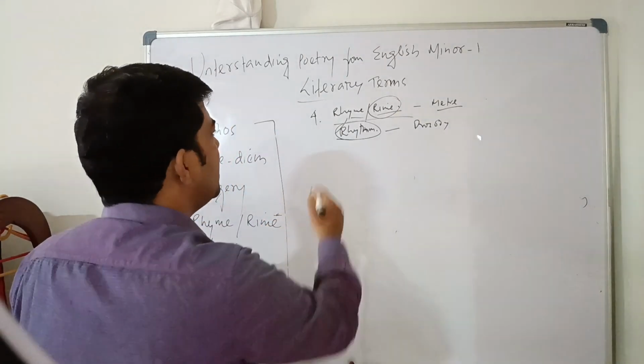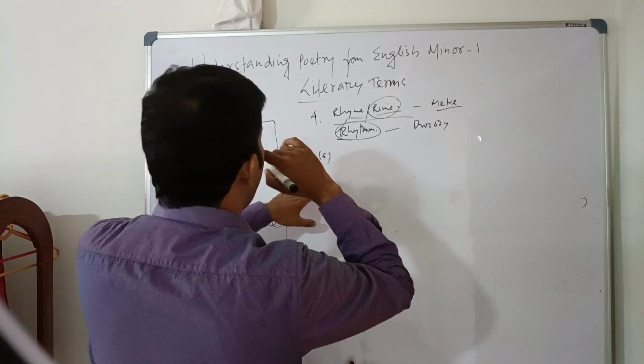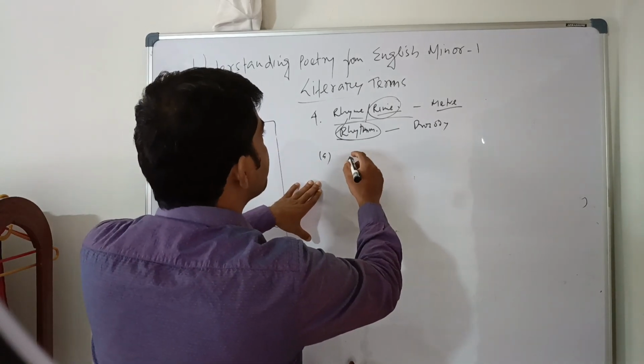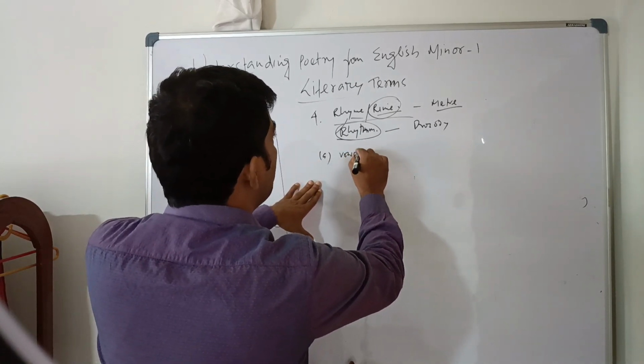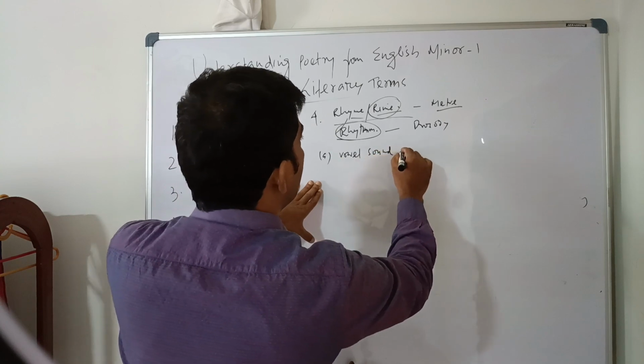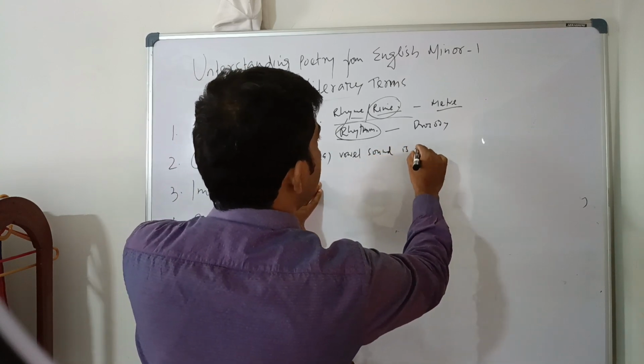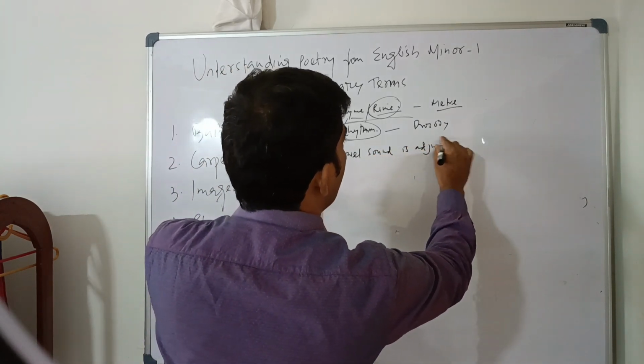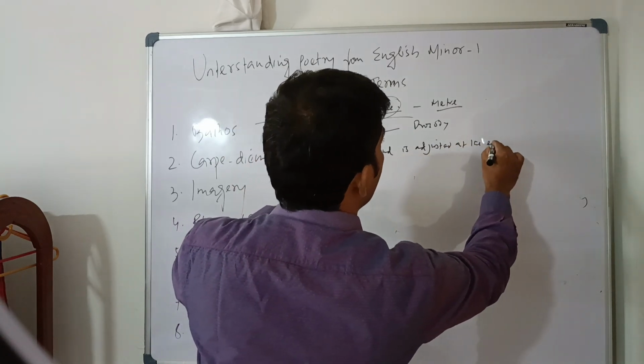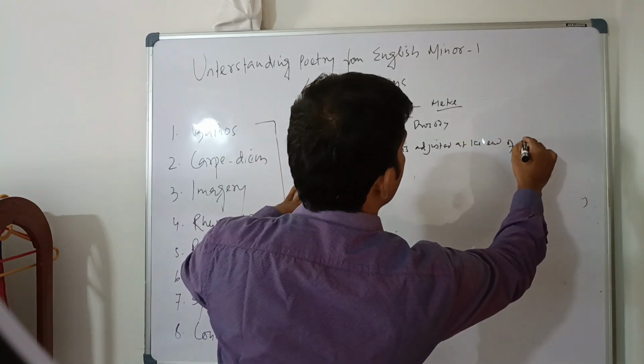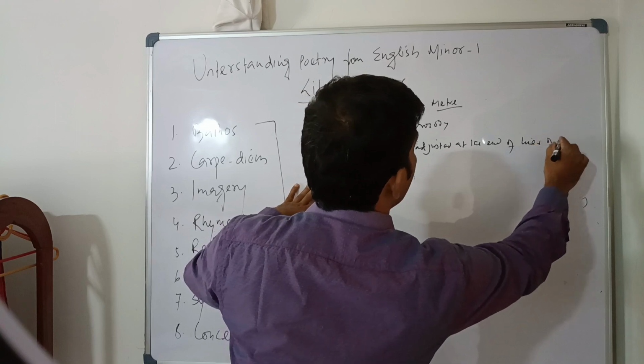So the features are: the vowel sound is adjusted at the end of the lines of a poem.